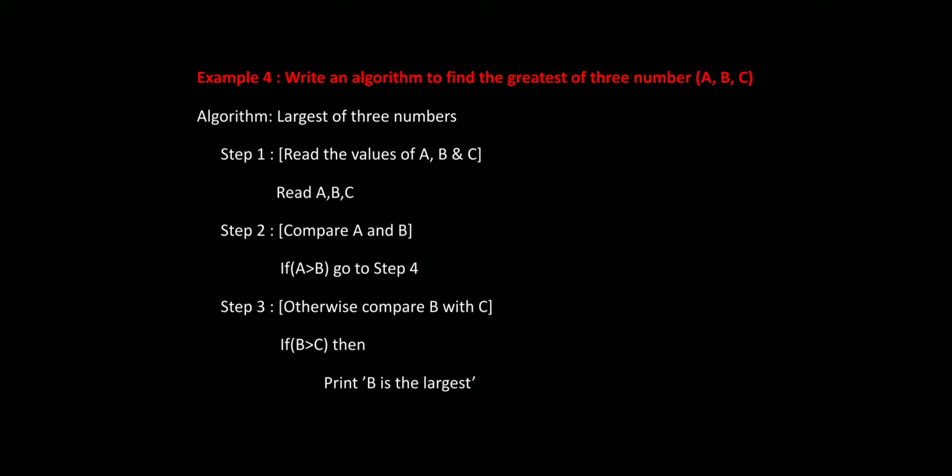If A is greater than B, go to step 4. If A is greater than B, we have to go to step number 4. Otherwise, if A is less than B, compare B with C. First, A and B are compared in step 2.